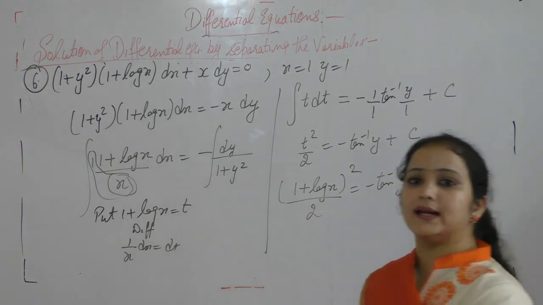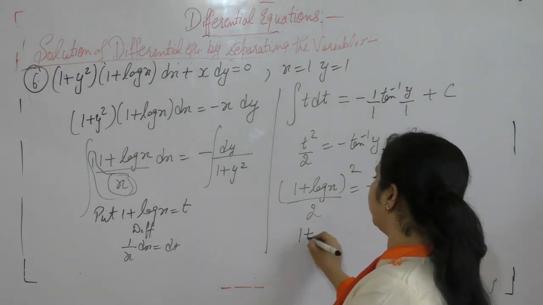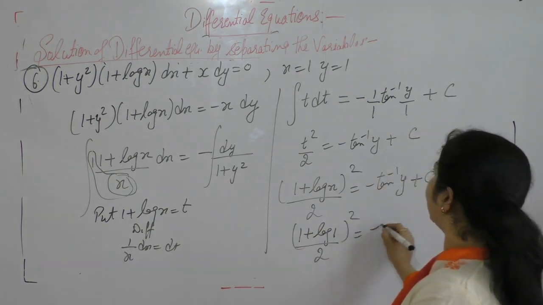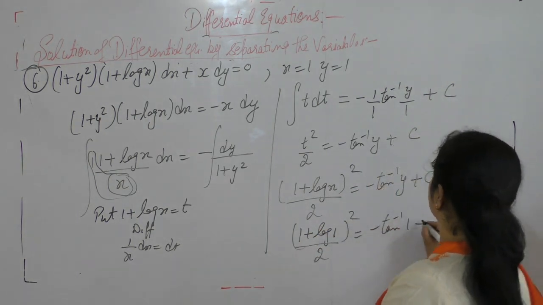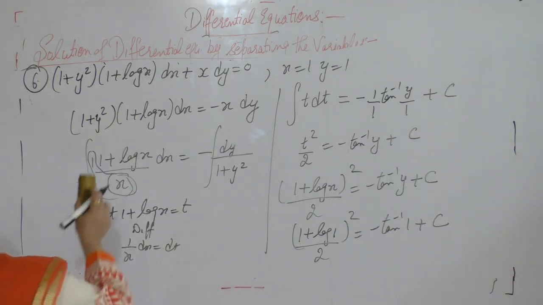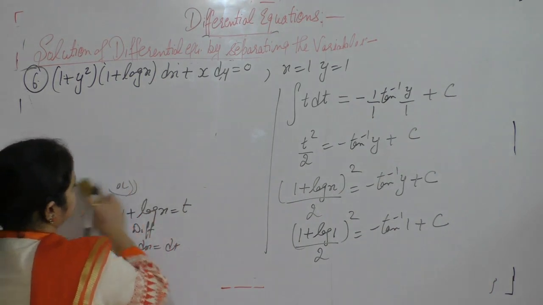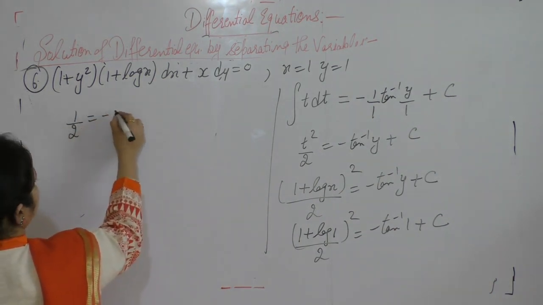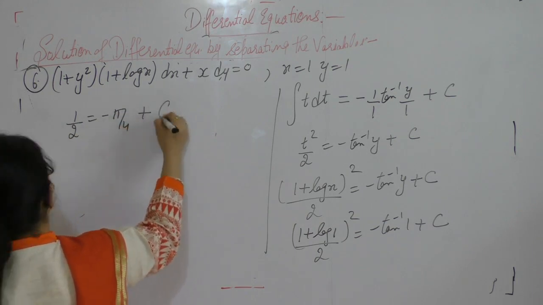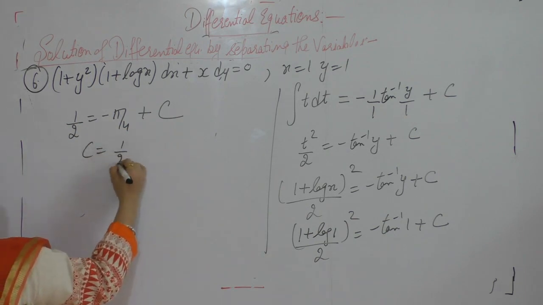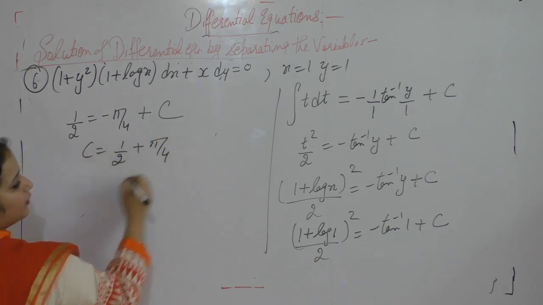When x is 1 then y is 1, log of 1 is 0, minus tan inverse 1. Tan has value 1 for pi by 4. Log 1 is 0, so 1 by 2 is equal to minus pi by 4 plus c. So we get the value of c as 1 by 2 plus pi by 4.